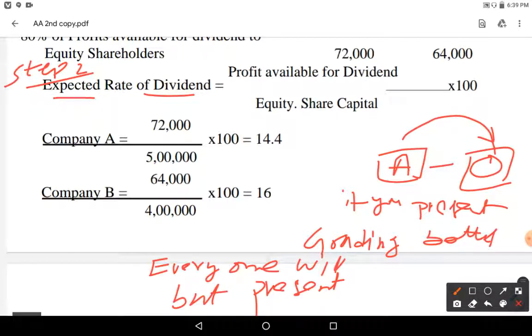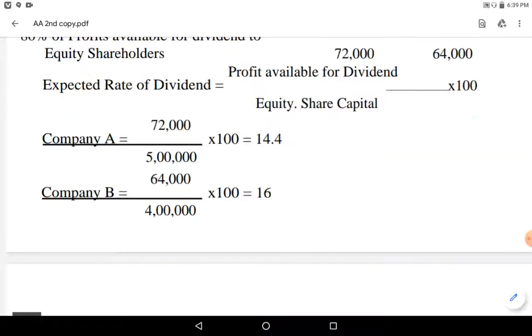How best you present depends upon how much you have practiced. By seeing the question itself you know how to do the answer, but how well you present that answer makes the difference.